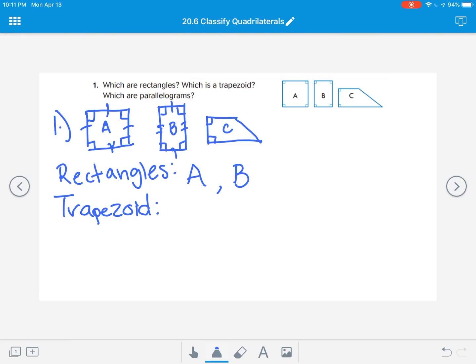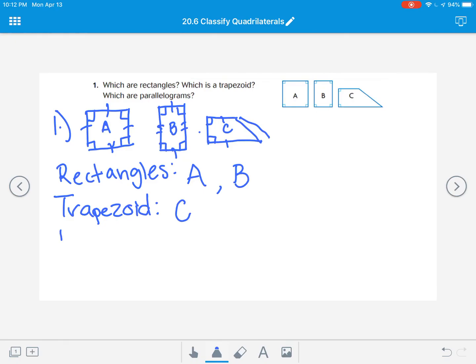I can see on figure C that the top and the bottom are parallel, but the 2 sides are not because this is coming down at an angle. So that is not a parallel side to the opposite side on the left. That means that figure C is a trapezoid because it only has 1 set of parallel sides.